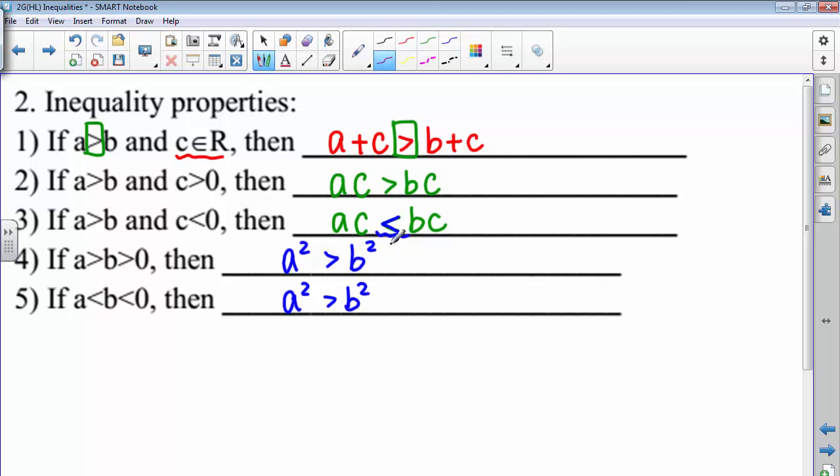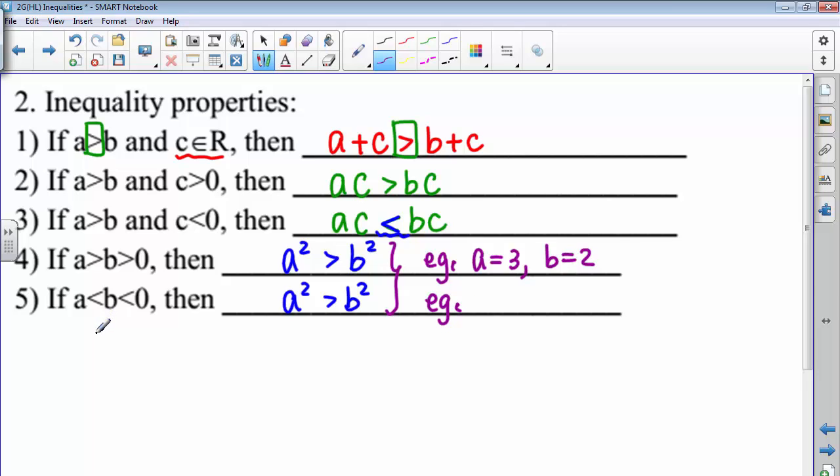For the last two properties, you guys also can use numbers to help you understand them further. For example, in property 4, if I say A is 3, B is 2, we can see 3 squared is larger than 2 squared.